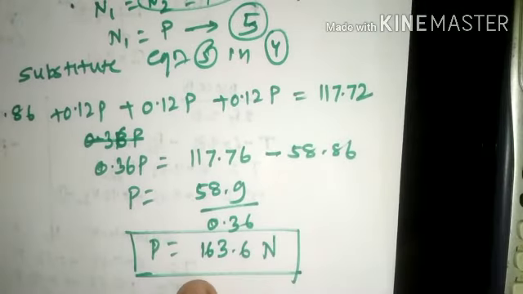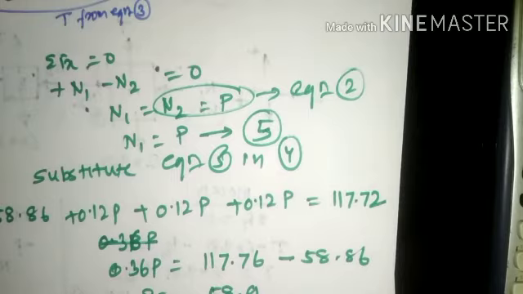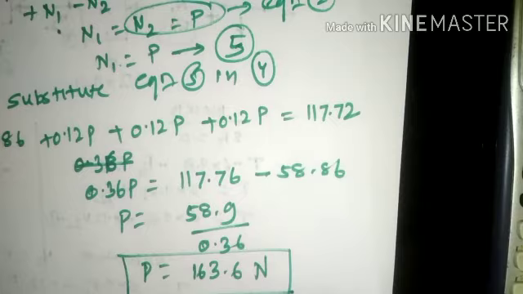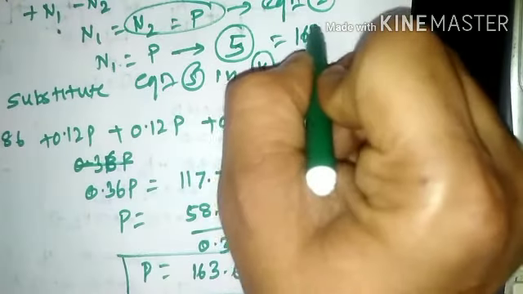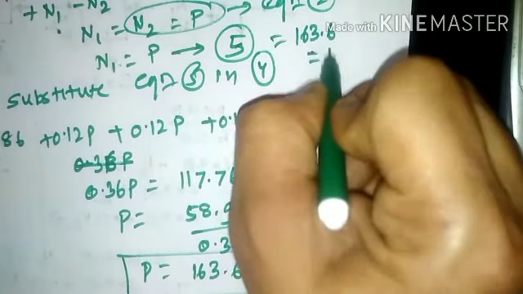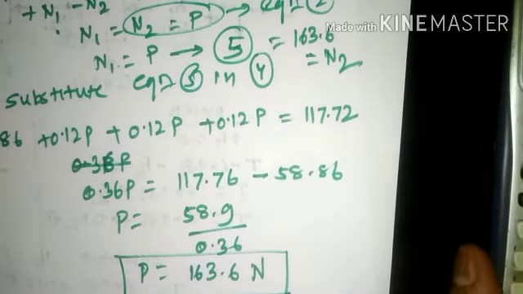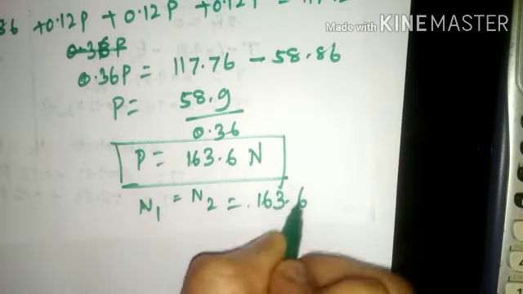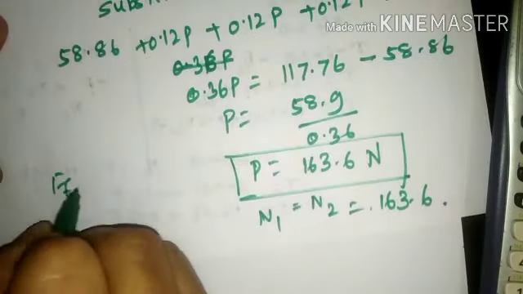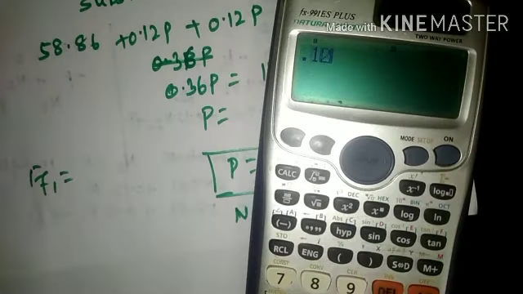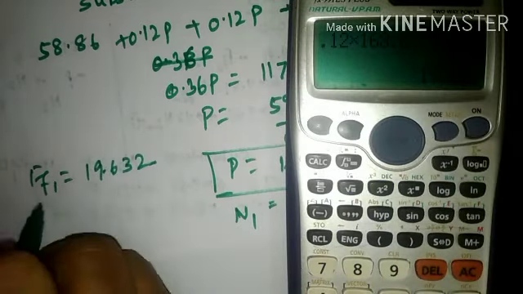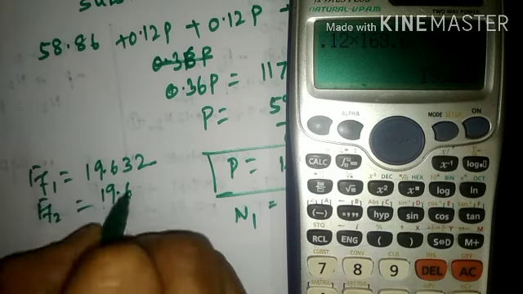If P value is 163.6, N1 value is also 163.6, which itself is equal to N2 value. So N1 equals N2 equals 163.6. So frictional force F of F1 will be 0.12 times 163.6, which comes to 19.632. And F of F2 will also be 19.632.